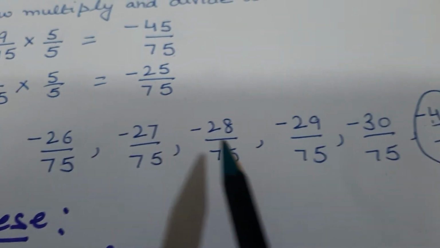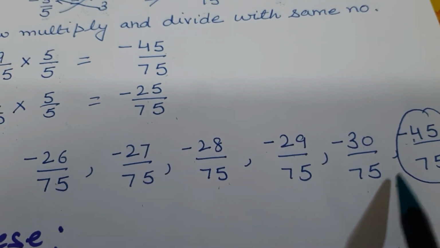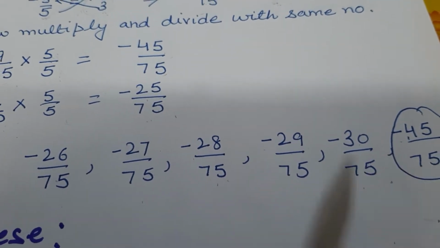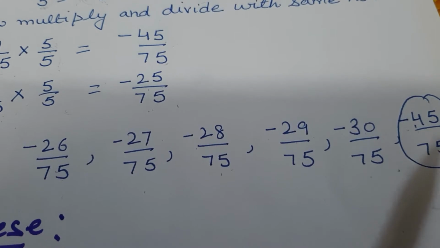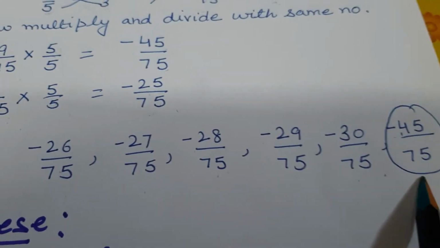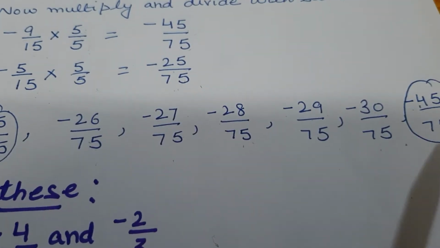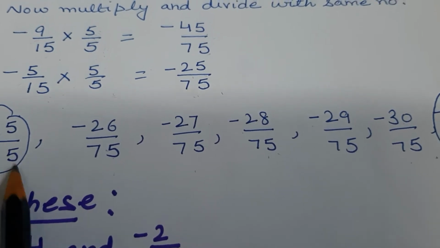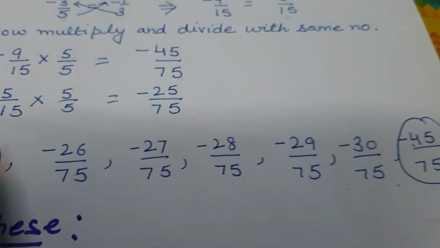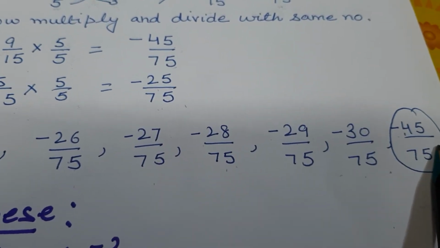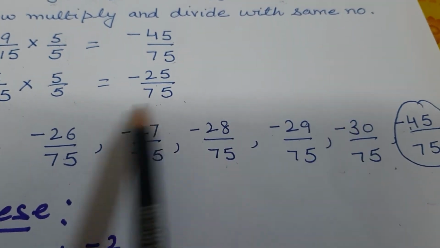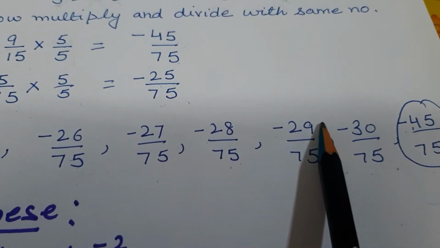We need 5, so we have written them. The rest we need not write: 31, 32, 33, till 45. These are the limits, which means we have to write numbers between these two. These two will not be counted. Other than these two, you have to write 5 rational numbers.